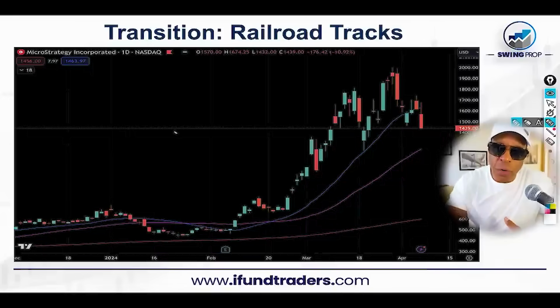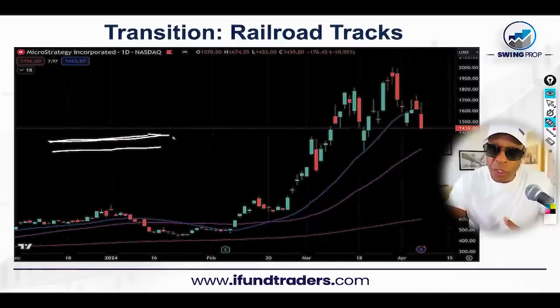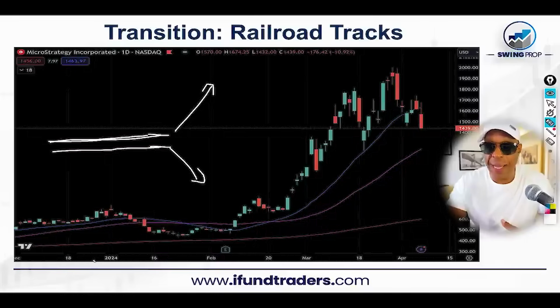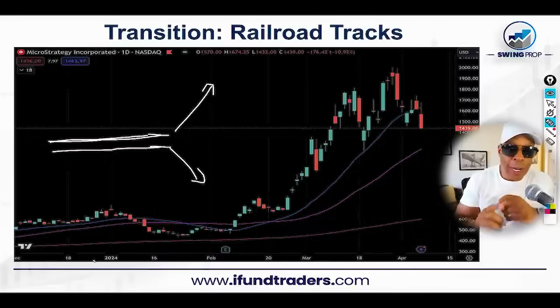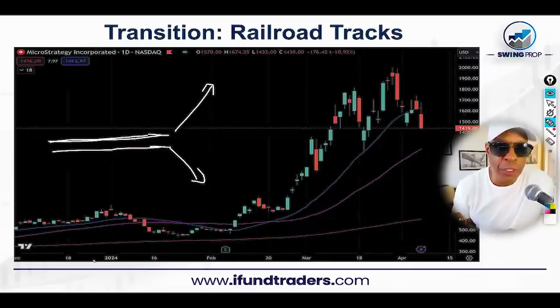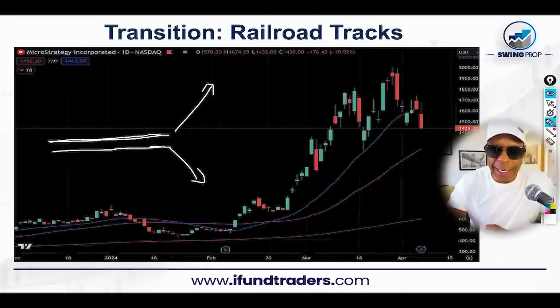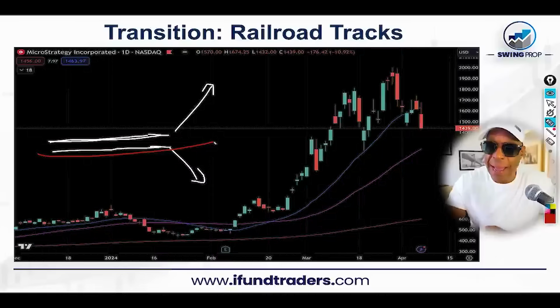Now, the question is, you often don't know when that is, or what direction that is. So the narrow state can lead to an explosion this way, or it can lead to an explosion that way. Now, one key sign is, where is the 200? It's not always accurate, but it's a good gauge. If the 200 is the lower moving average, the odds of the upside are higher.